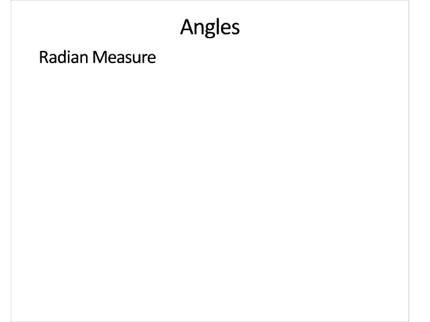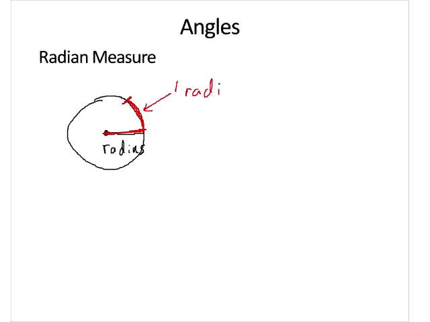If you picture a circle and look at the radius of that circle, if you take that length, whatever that radius length is, and map it out on the circumference of the circle, so that this length is the same as the radius, that length would be called 1 radian.